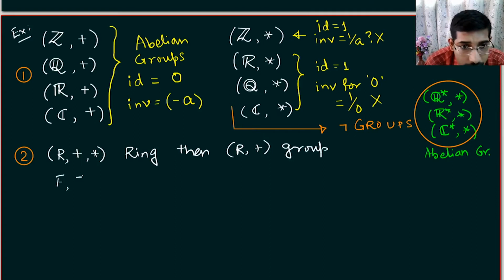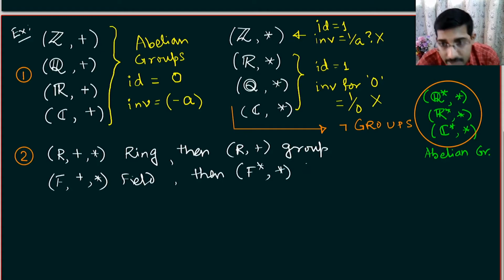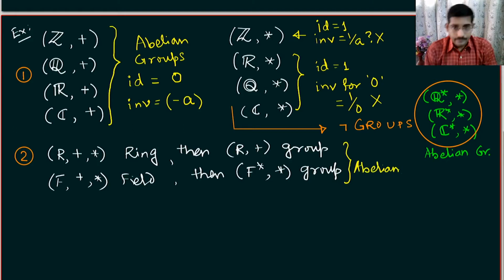If F, plus, star is a field, then the non-zero elements of F with the multiplication operation form a group. And if you look closely, all of them are abelian or commutative groups as well.